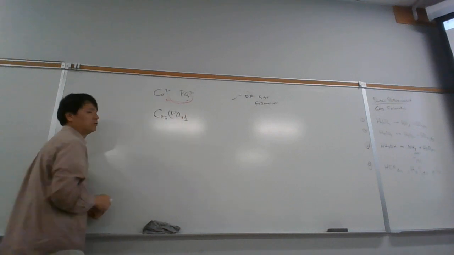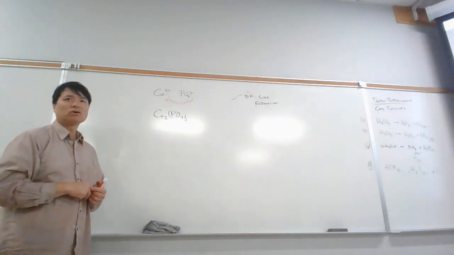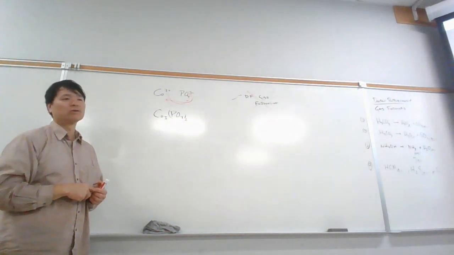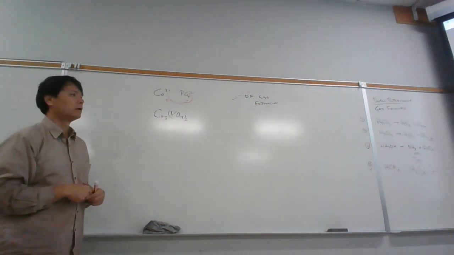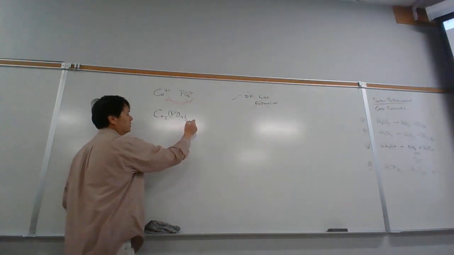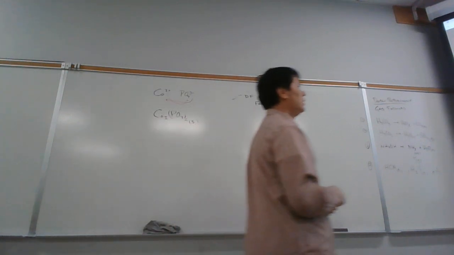So that would be cobalt 2 phosphate. Phosphates, carbonates, and chromates are all insoluble except for group 1 and ammonium. Well, cobalt's not a group 1. And therefore, this is insoluble. So this is going to precipitate. The precipitated cobalt 2 phosphate.